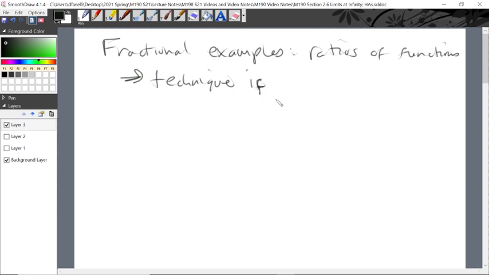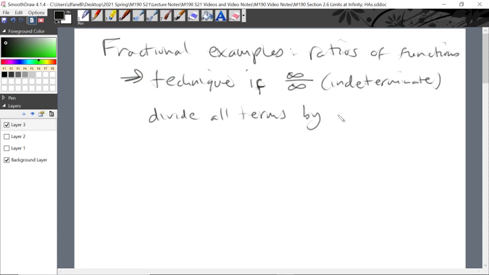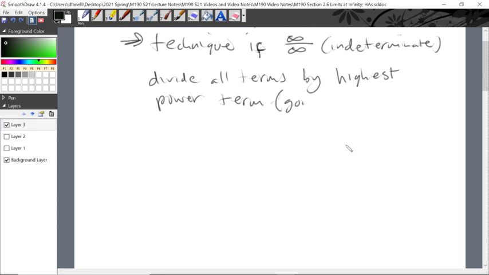the technique that we'll use if we have something of the form infinity over infinity, which is indeterminate, will be to divide all terms, numerator terms and denominator terms, by whatever the highest power term is, that is the term that is, let's say, getting largest first, the highest power term that you can find in the denominator.